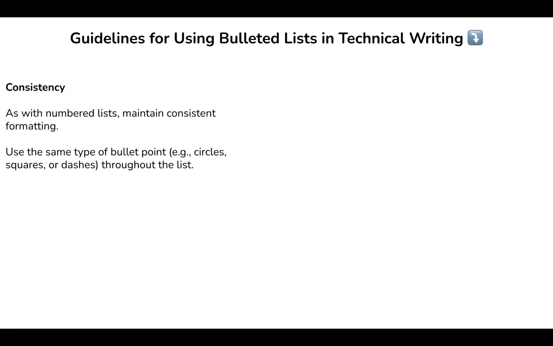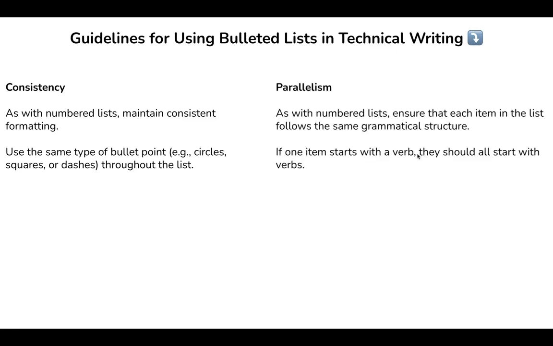So you should use the same type of bullet points throughout the list so they are not confused. Because when you use circles in the first list and you put squares in the second list, they'll be like, are these related? What do these circles, squares, or dashes mean? Right? So you should be consistent in that aspect.